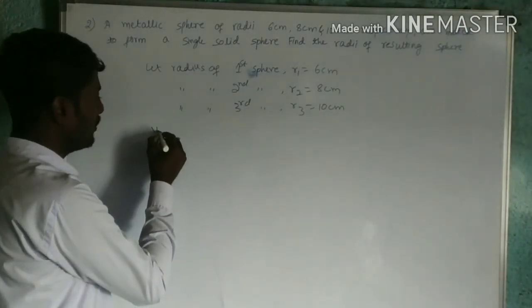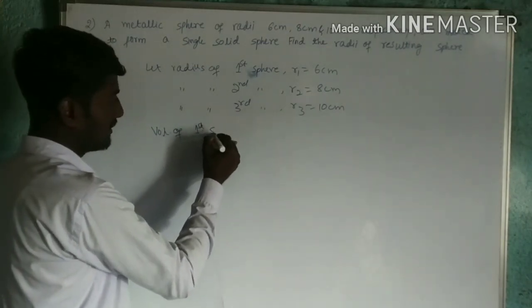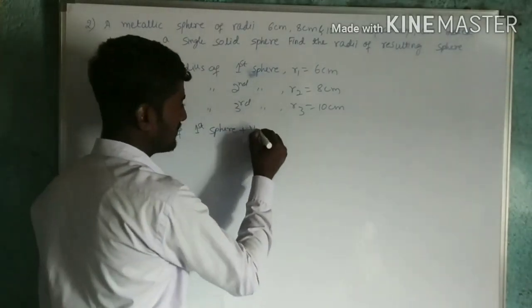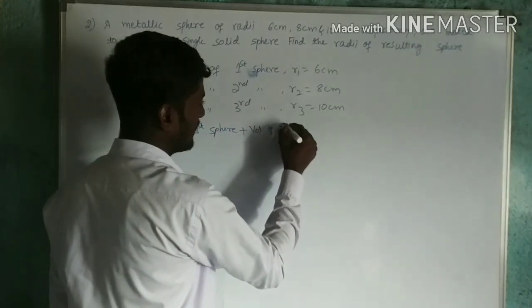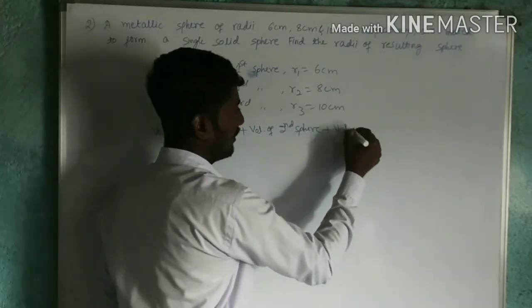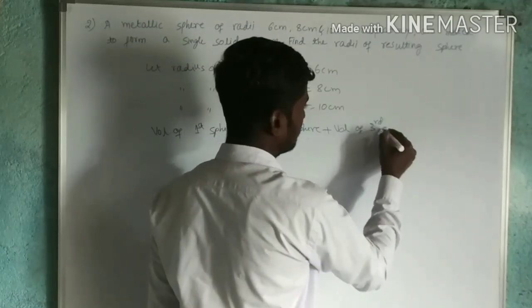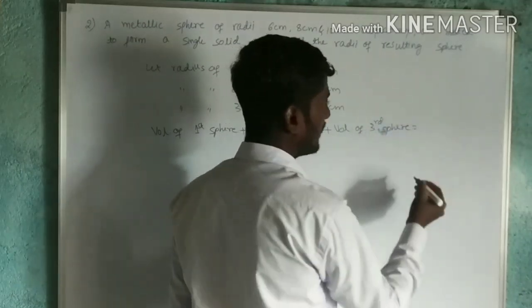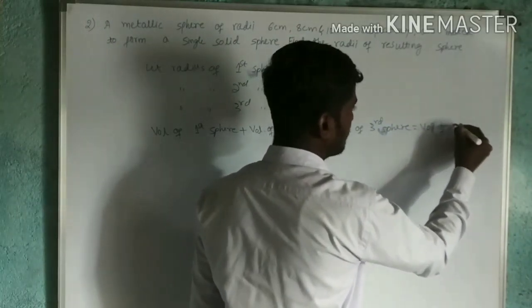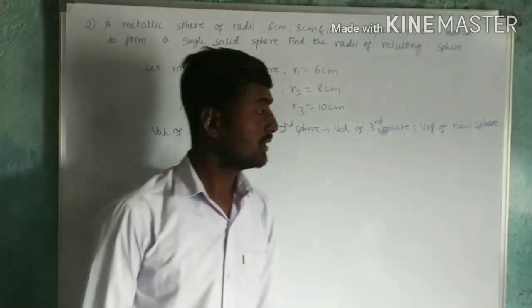Now volume of first sphere plus volume of second sphere plus volume of third sphere is equal to volume of the new sphere.